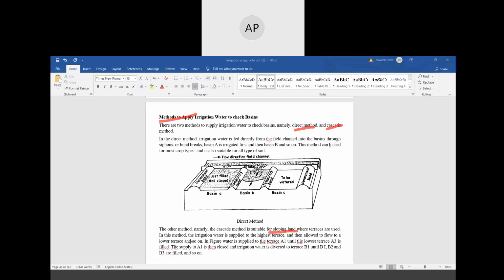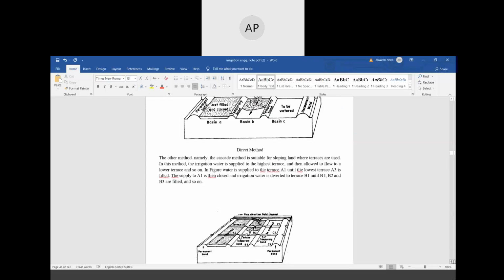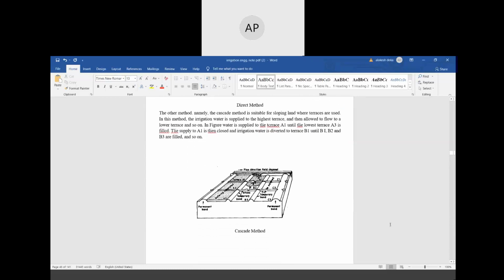In the figure, water is applied to terrace A1 until the lower terrace A3 is filled.